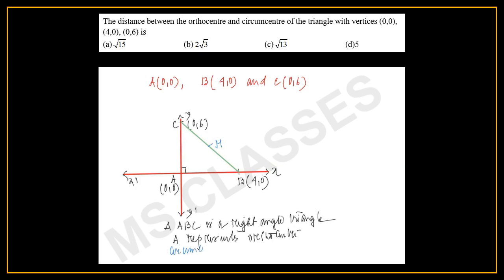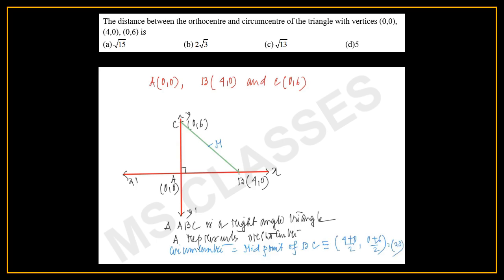Circumcenter is the midpoint of the line segment BC. So that gives us (4 plus 0) by 2, comma, (0 plus 6) by 2, that is 2, 3.